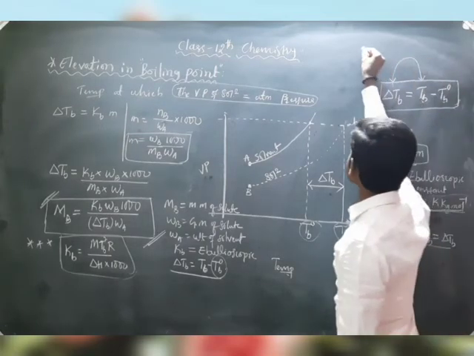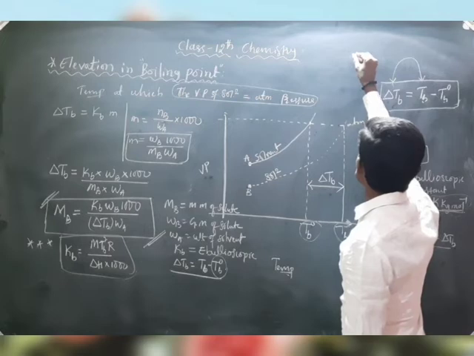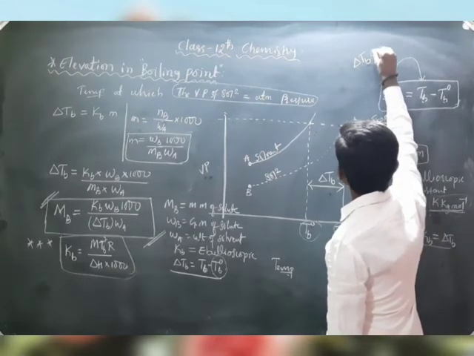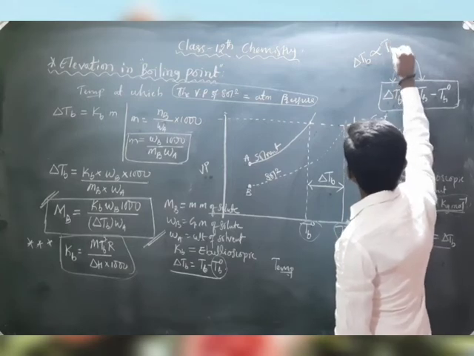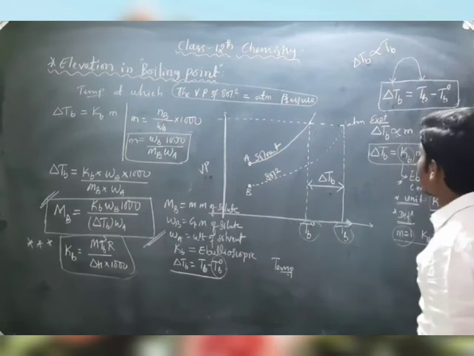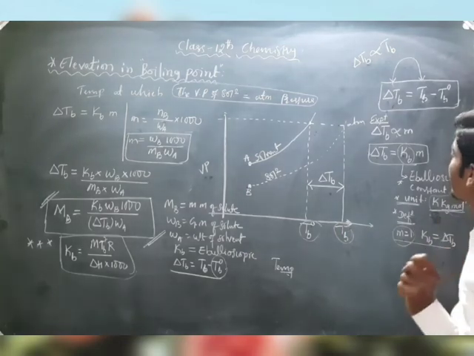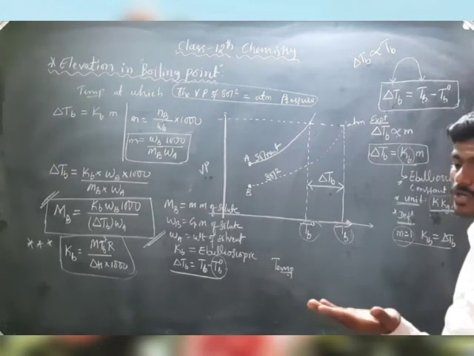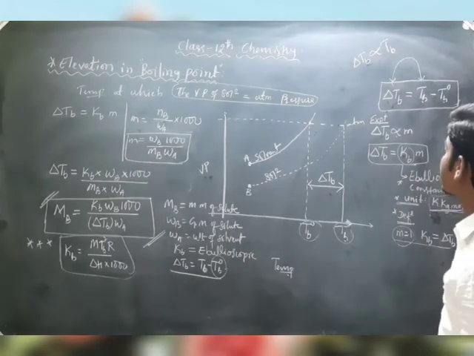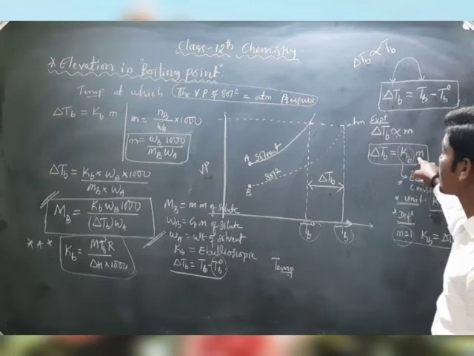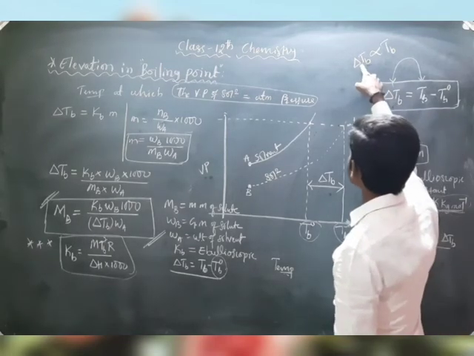Please note one more short relation for objectives: delta TB is directly proportional to TB. So as the boiling temperature of solution increases, elevation in the boiling point also increases, that is, the colligative property increases. So when this increases, molality increases, because delta TB is directly proportional to m.